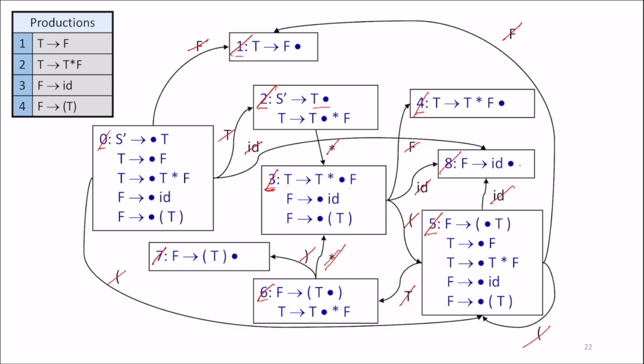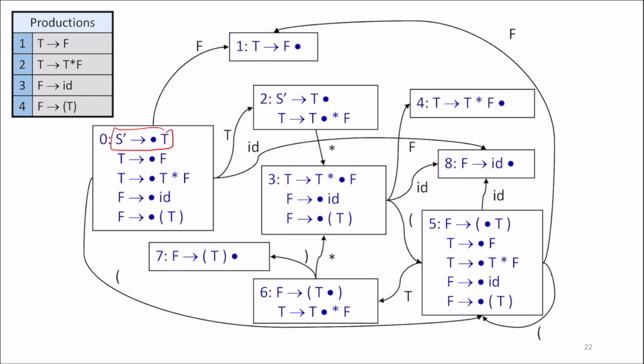So notice that there are no other successor functions to compute. We've created all the possible set of dotted items that we need to cover all of the outputs for all symbols, terminals and non-terminals. Now let's look at what this rule means. This rule says I'm the start symbol. S prime is my new start symbol.